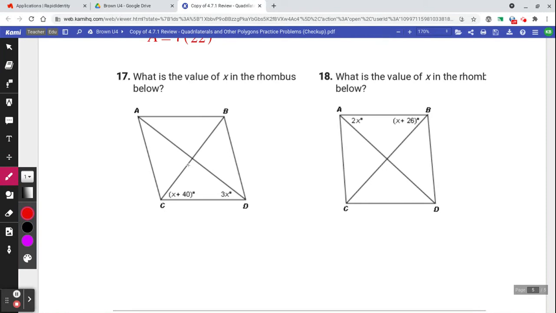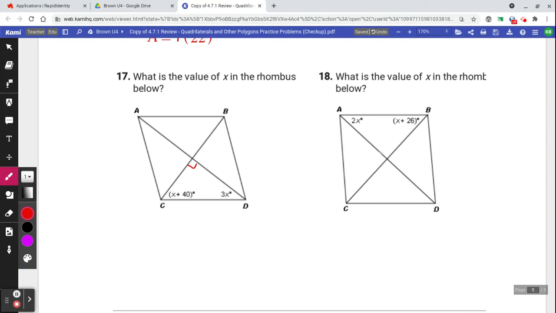And if we look at our notes, the rhombus means that the diagonals are perpendicular. So that's a 90-degree angle. And this triangle has some information along with the 90 degrees where we could use the triangle sum theorem: 90 plus x plus 40 plus 3x is 180.